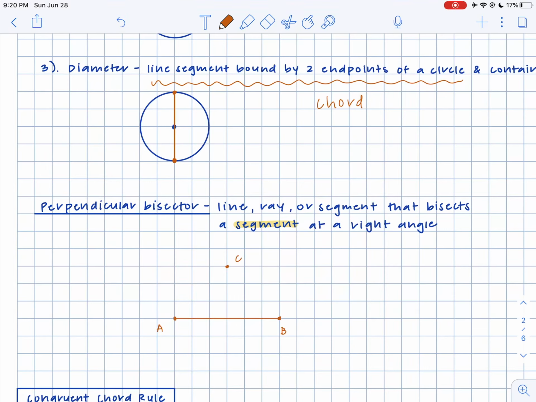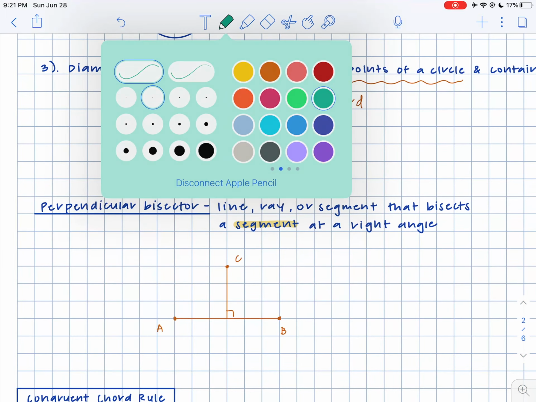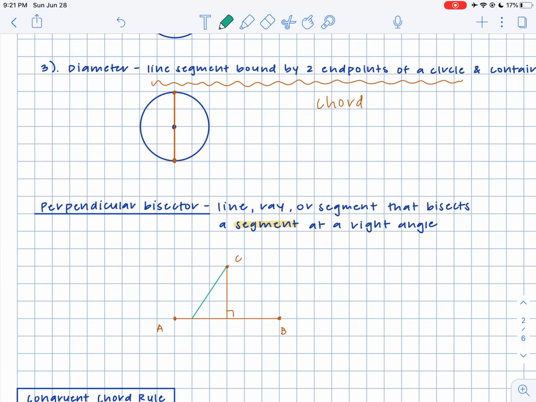Now what about the distance from point C to line segment AB, right? It turns out that the shortest distance from point C to segment AB would be a perpendicular line. Because if we chose this green line as the distance from point C to segment AB, this green line would actually be longer than this orange line. Why?